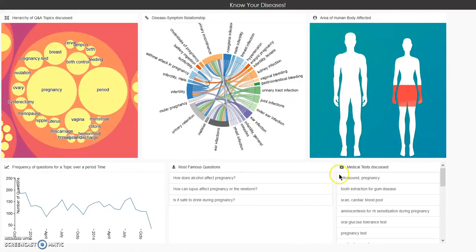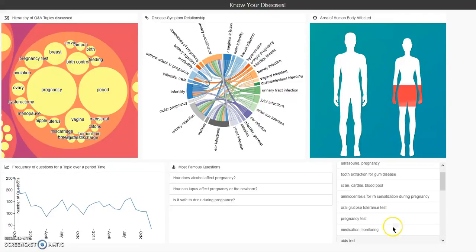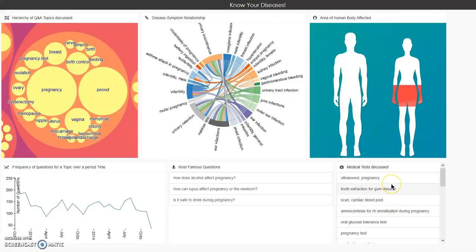In the last section of this visualization system, you see a list of medical tests that are being discussed on the forum related to a particular topic.